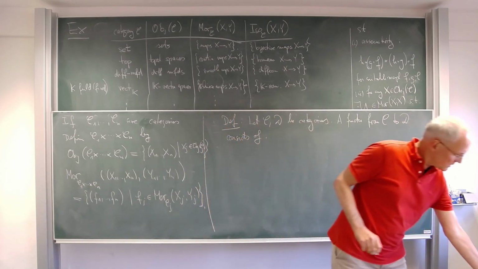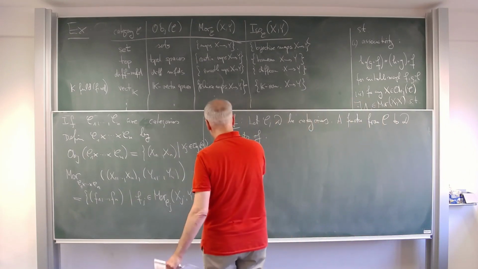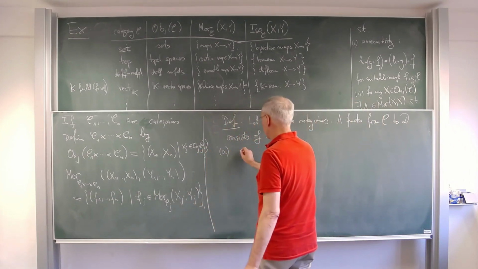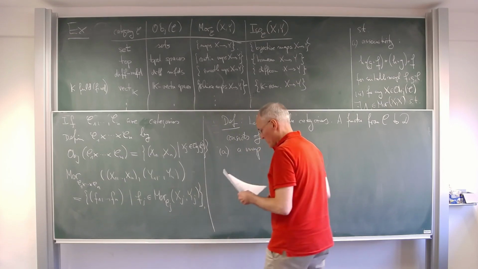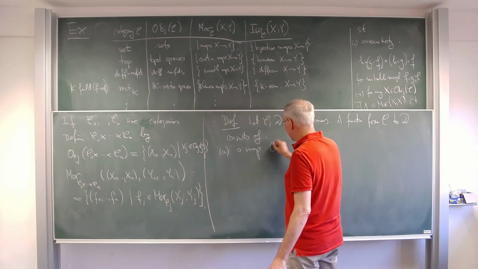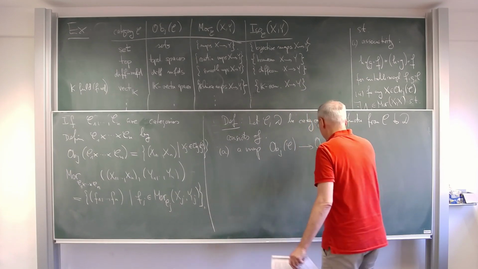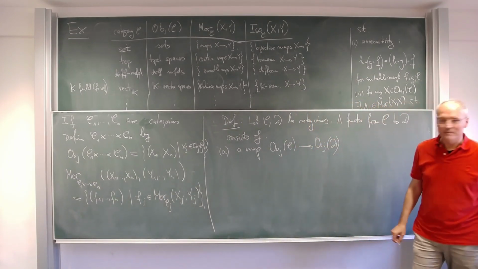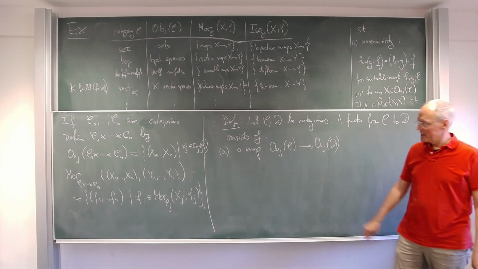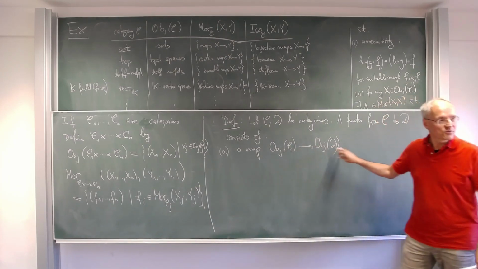So first of all, I have a map from the class of objects in C to the class of objects in D. And the map is just an association that associates to each object here an object there.